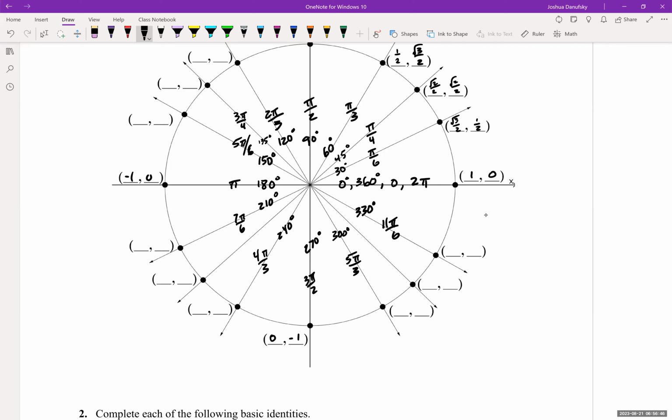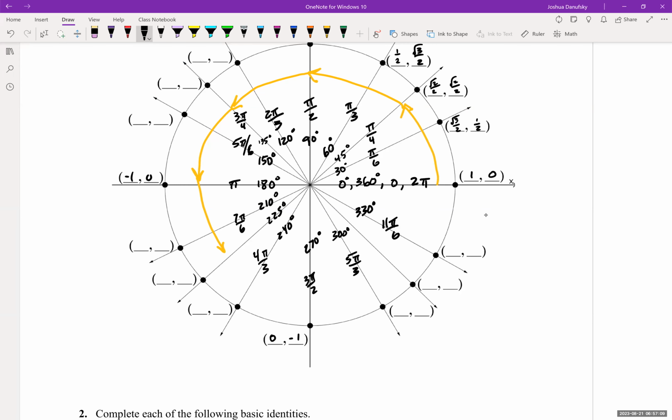Now, filling in the 45s. So we had 45, then we had 90, then we had 135, and then we had 180, and the next one will take us to 225.